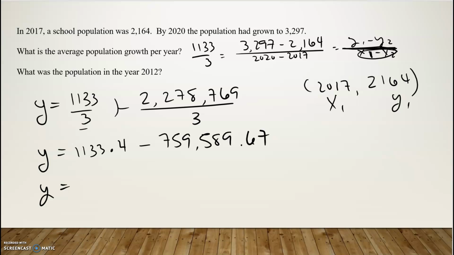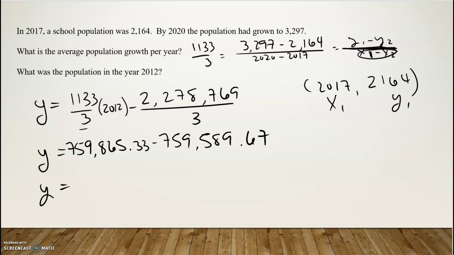Whoops. Almost made another mistake right there. This would be 2012. So this wouldn't just be 4. Okay, so 2012 times 1,133. I'm going to go ahead and divide that by 3. And I get 759,865.33.